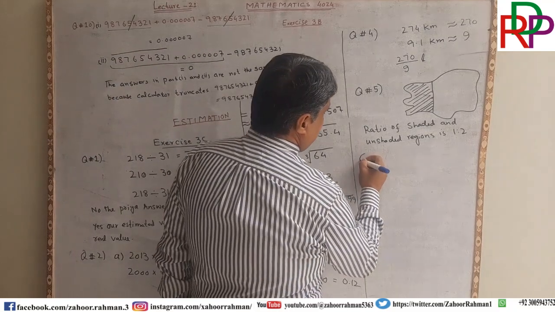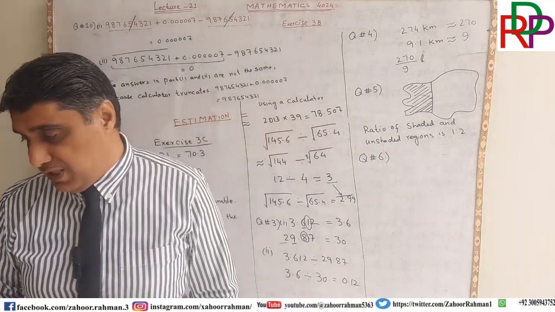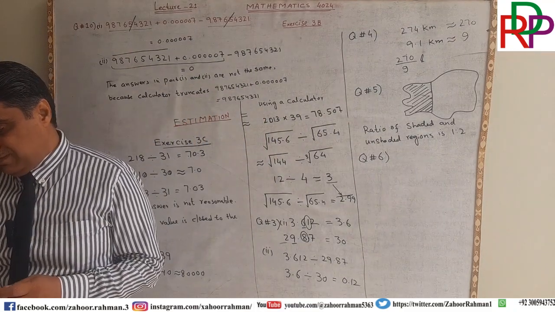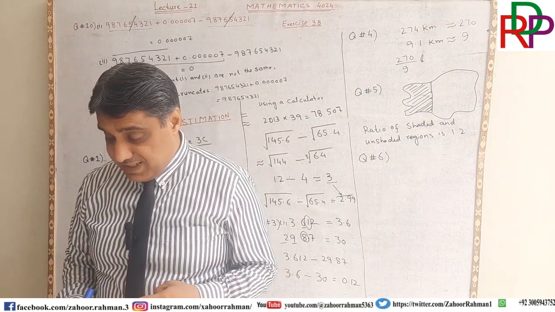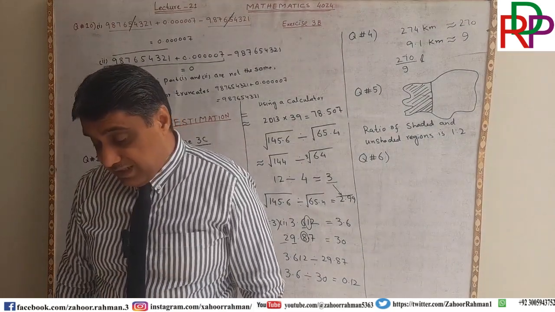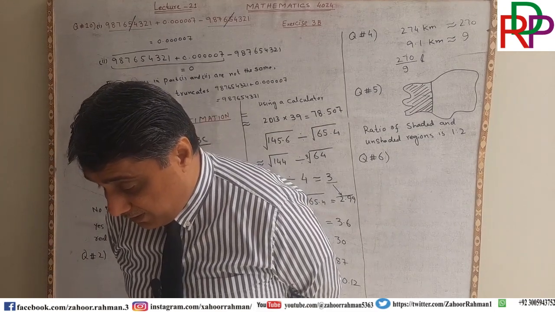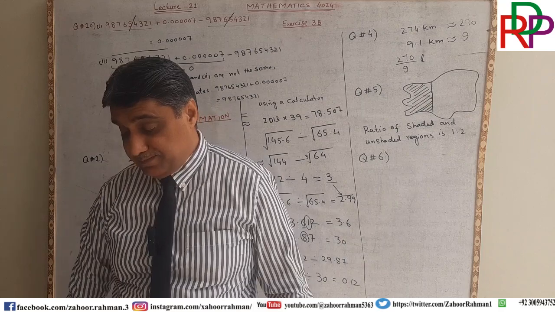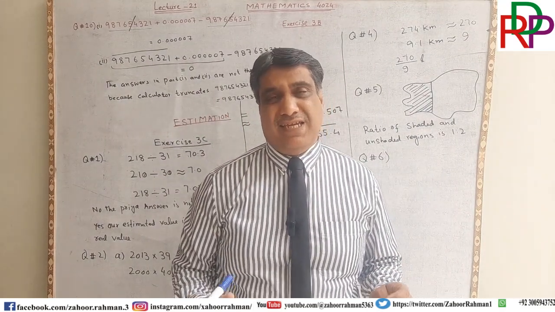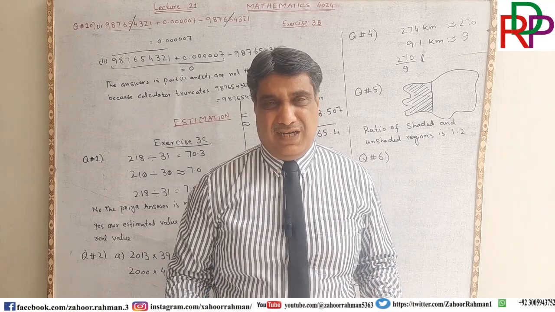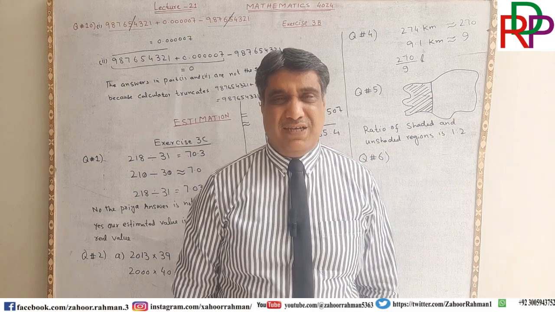Now we are turning our focus to question number 6, which is an intermediate level question. Question number 6 is saying a shopkeeper makes the following orders from a wholesaler. They have given us a table. I am making this table. Please wait for a moment, so we will not waste our time in the video.